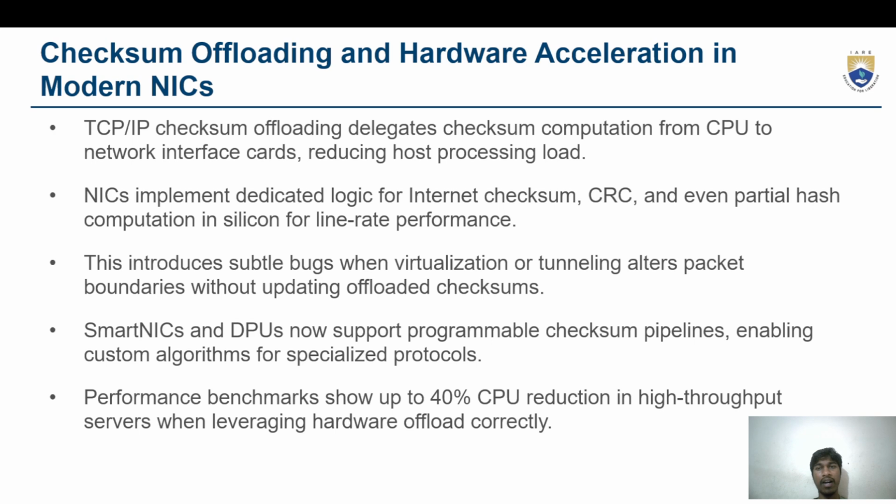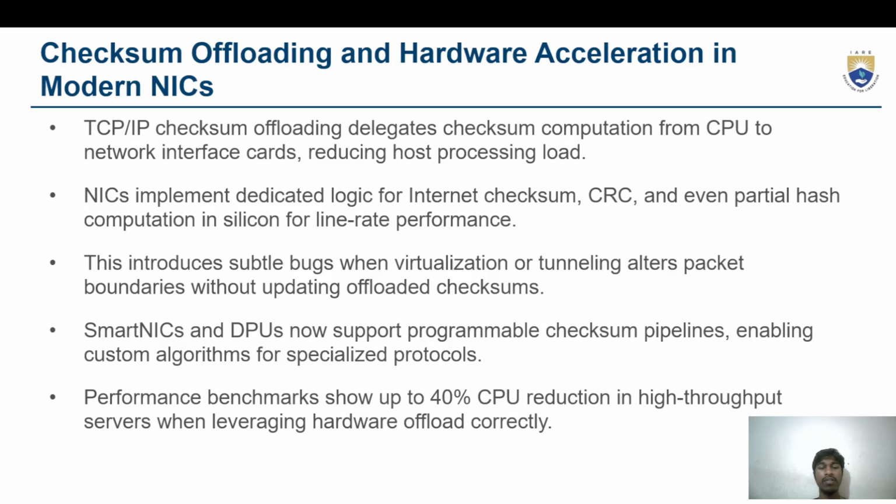Checksum offloading and hardware acceleration in modern NICs. TCP and UDP checksum offloading delegates checksum computation from the CPU to network interface cards, reducing processing load. This introduces subtle bugs when virtualization or tunneling alters packet boundaries without updating offloaded checksums.